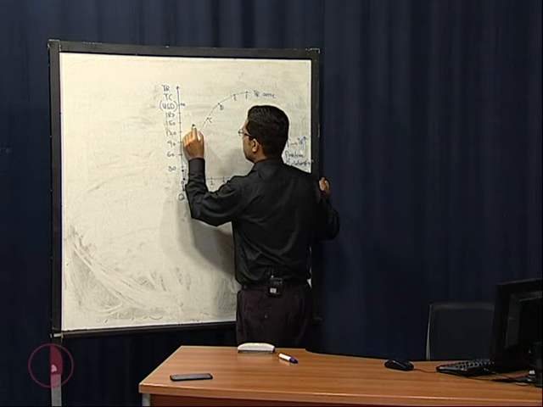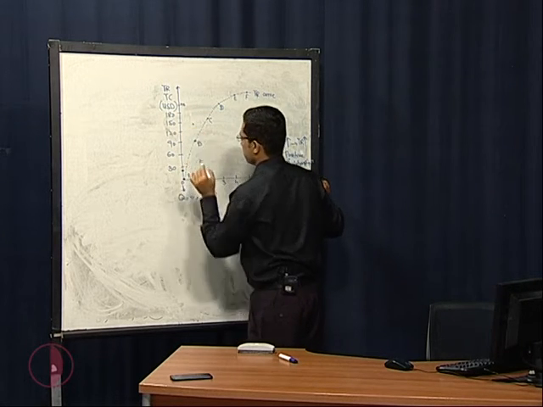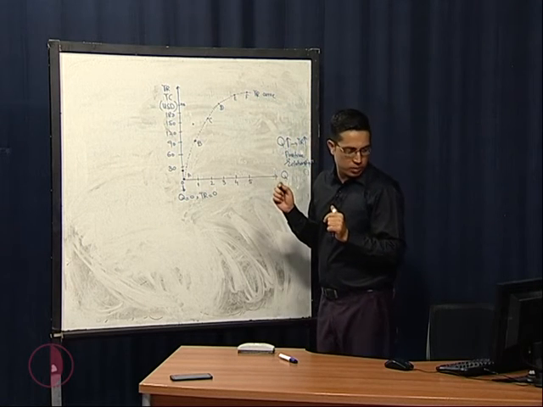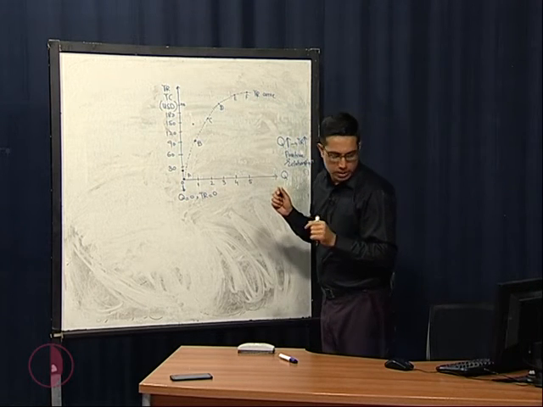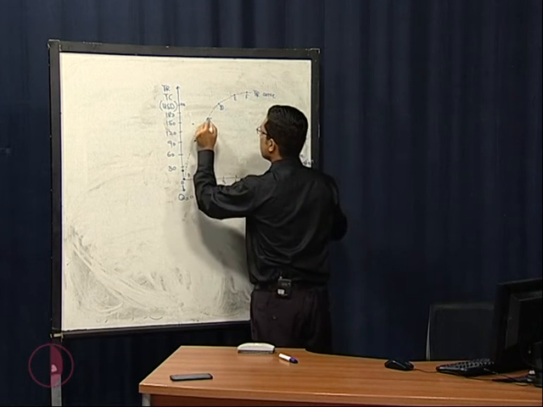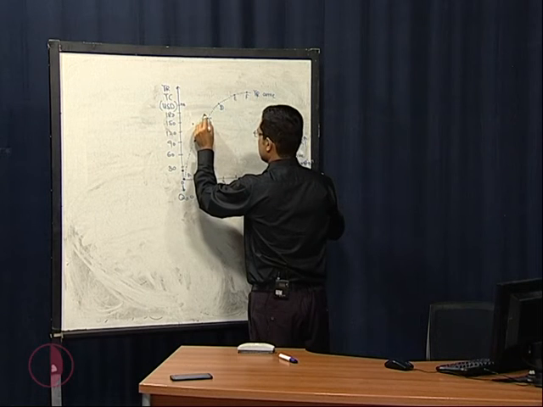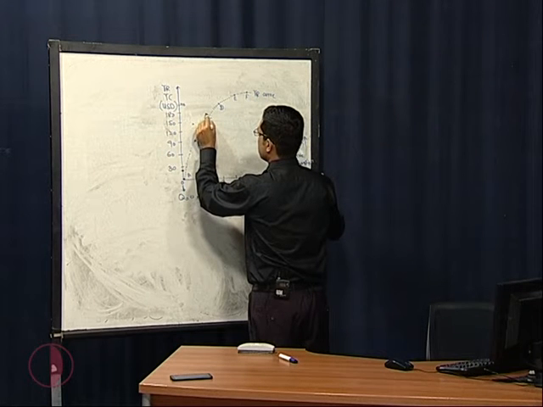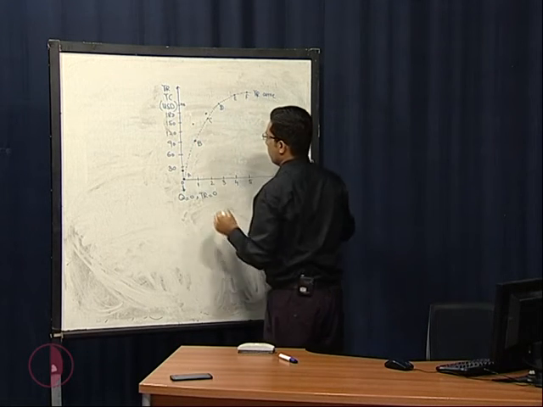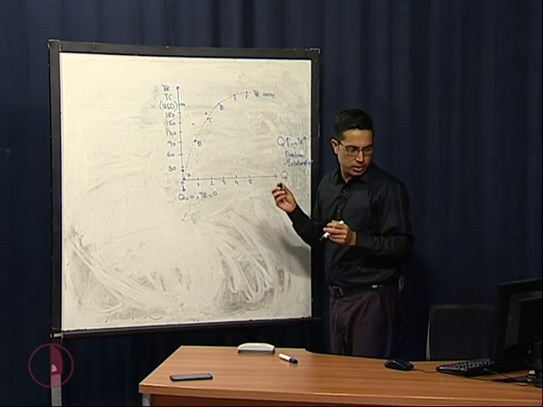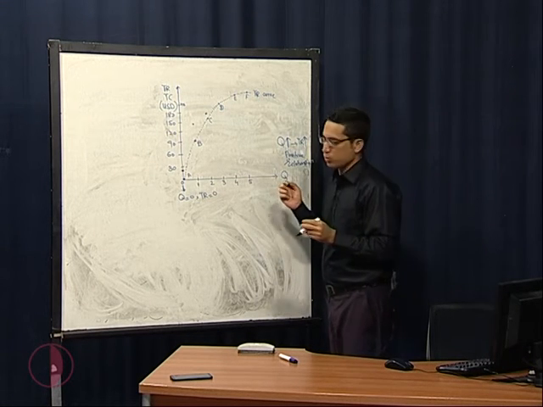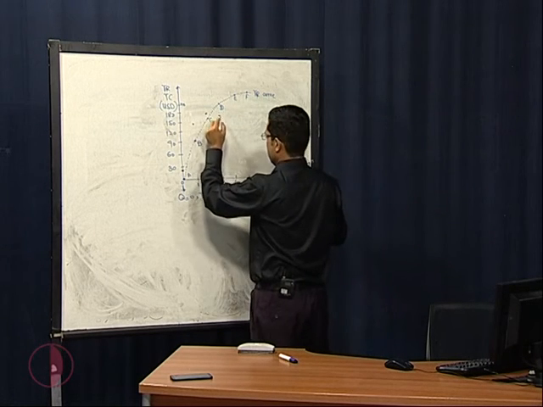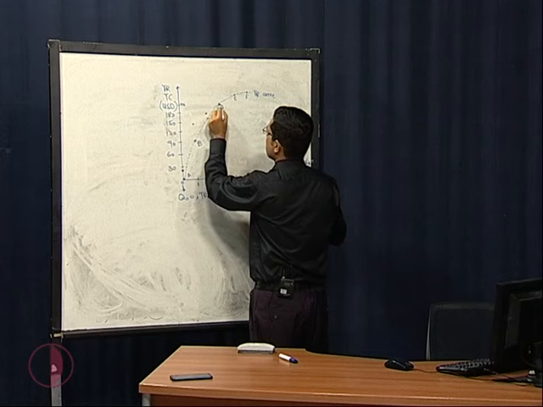It may be here. When Q was 2, total cost was 160. It may be here. When Q was 3, total cost was 180. Total cost was like here.